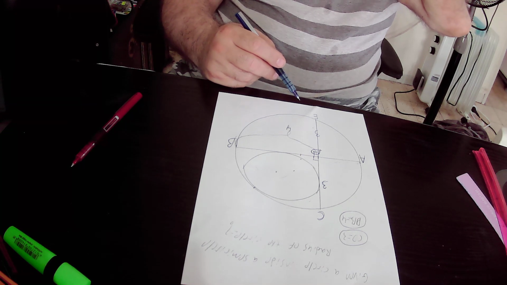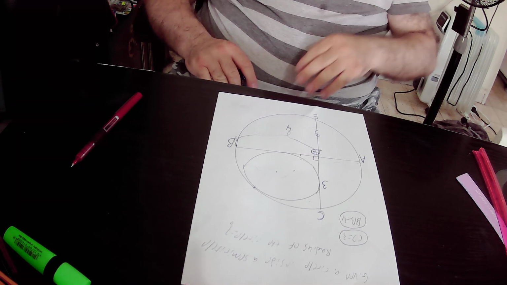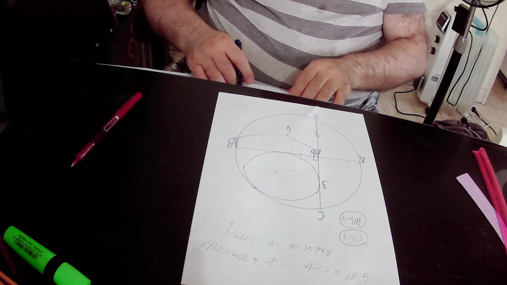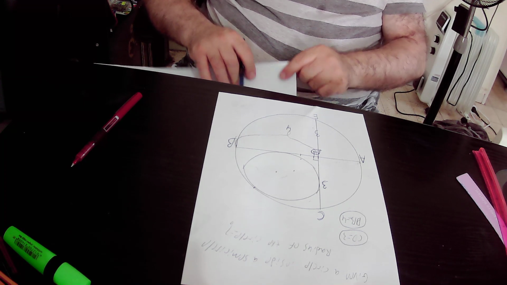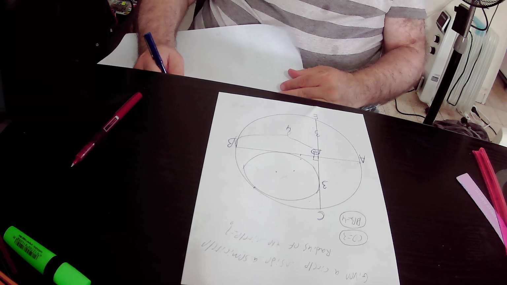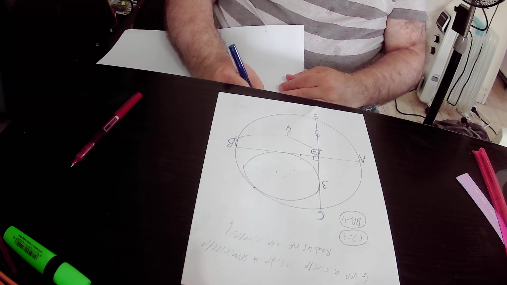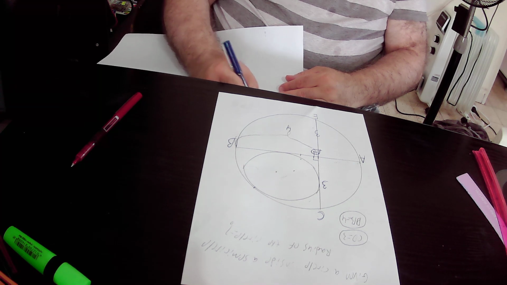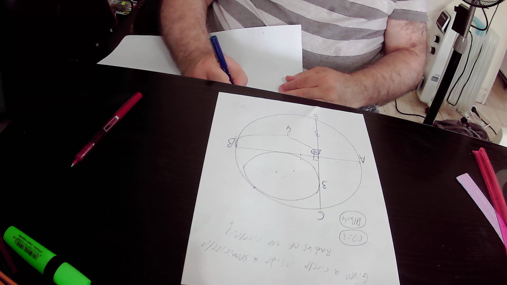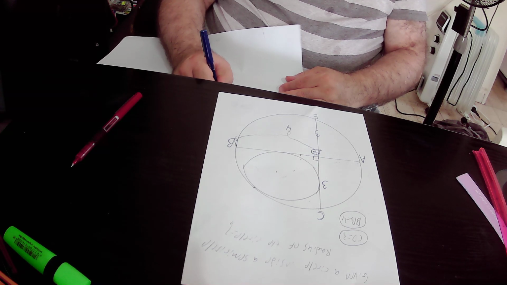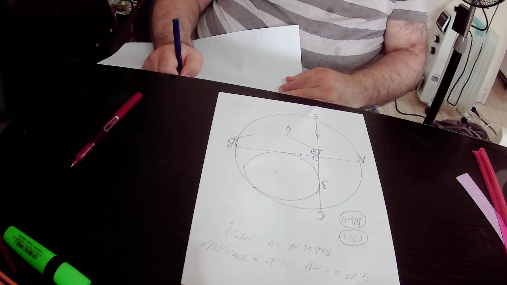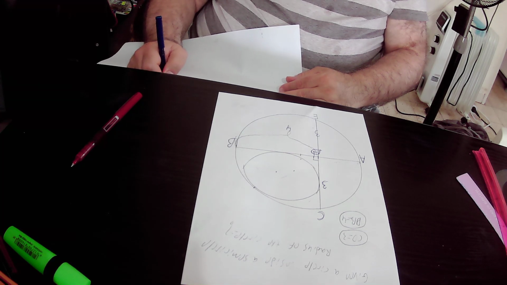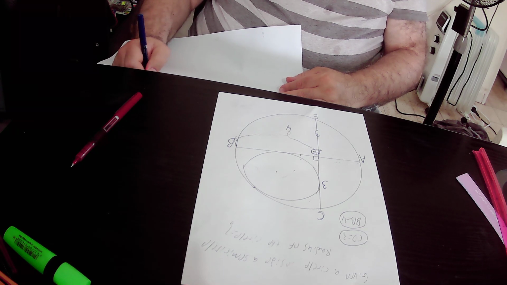So write it down that in our drawing we have chord AB intersects with chord CE at point D.